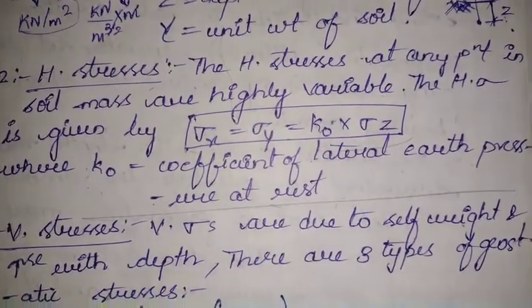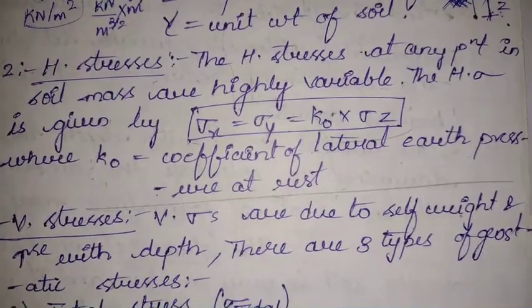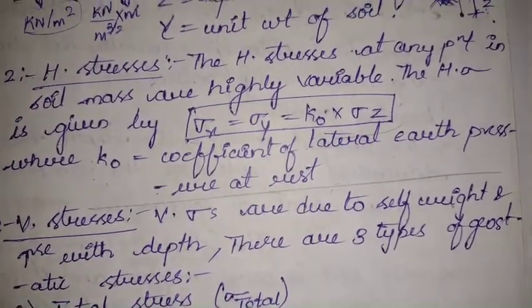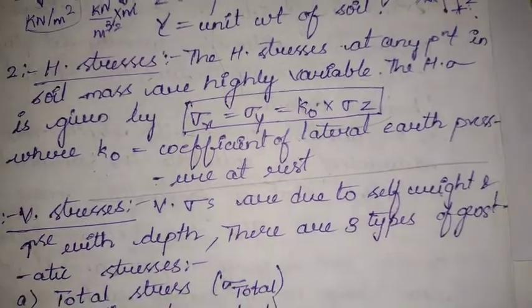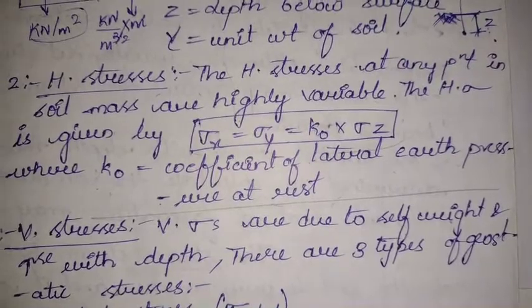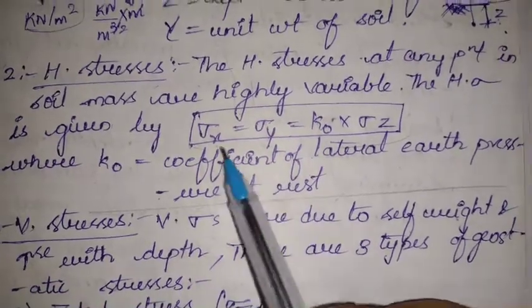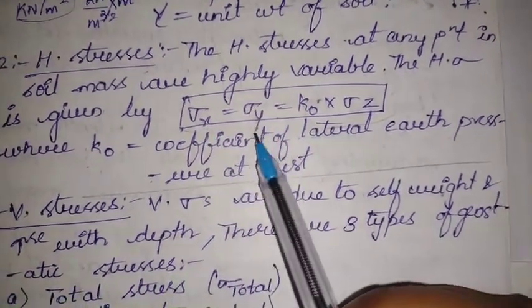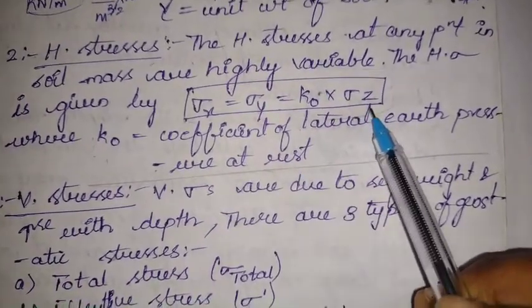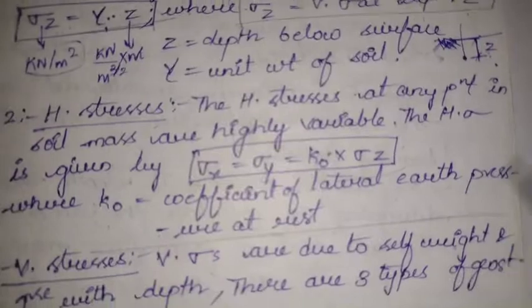Next, coming to the horizontal stresses. The horizontal stresses at any point in a soil mass are highly variable. We are talking about the stresses developed because of the load in the horizontal direction. The horizontal stress is given by sigma x is equal to sigma y is equal to K0 into sigma z.